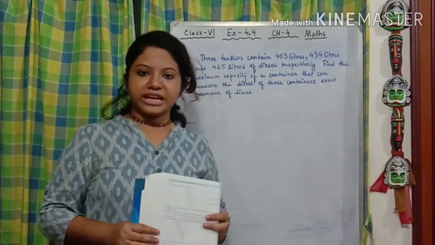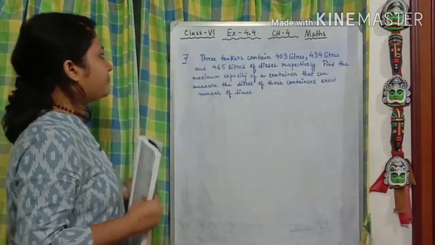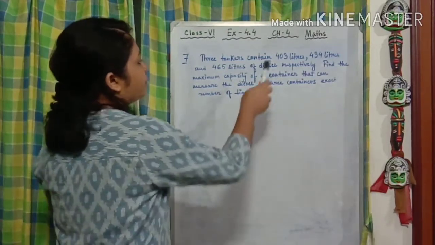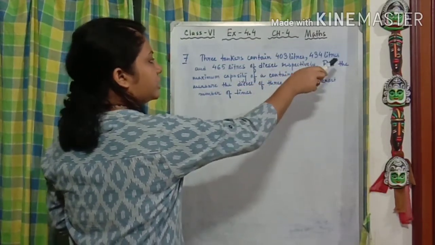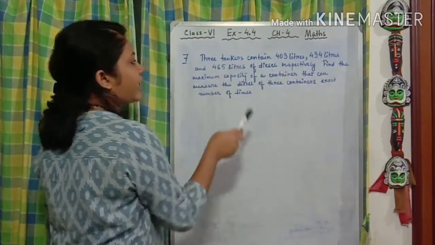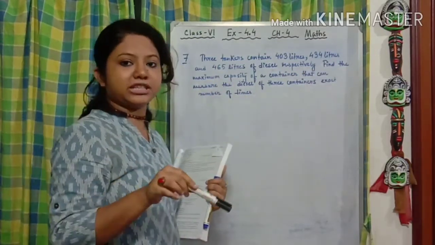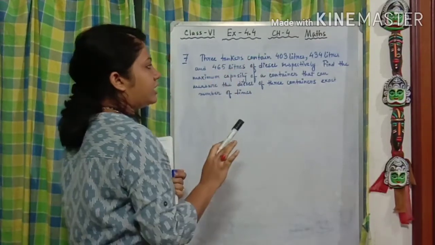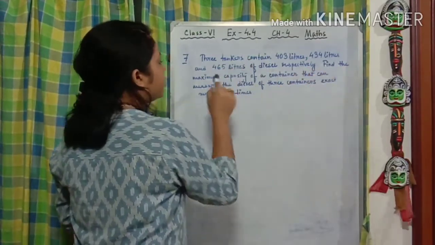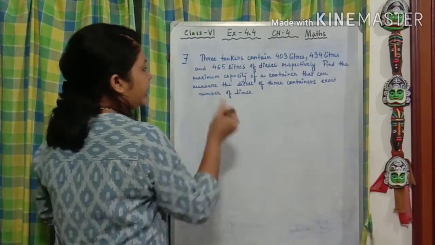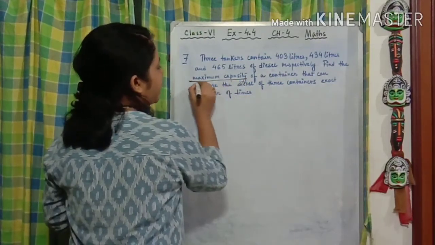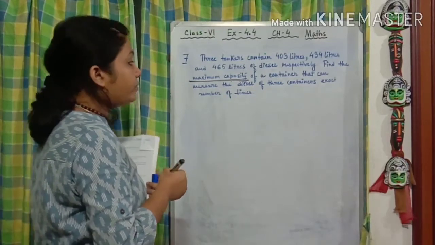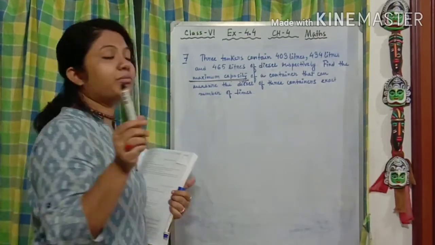Now coming to the next one, that is number 7. Here it has been said that 3 tankers contain 403 liters, 434 liters and 465 liters of diesel respectively. So there are 3 tankers separately. Now find the maximum capacity of a container that can measure the diesel of the 3 tankers an exact number of times.